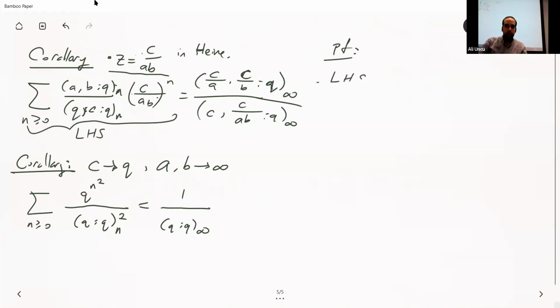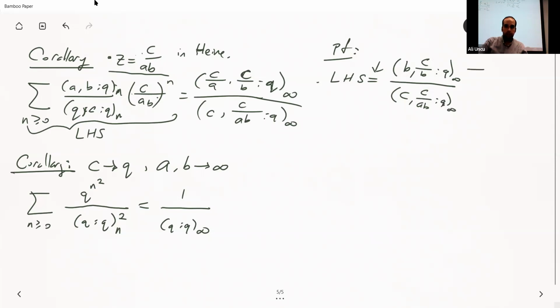And Heine's transformation says that the right-hand side would be, z is that, so we have a b, then an a times z, so a times z is c over b, infinity. I'm just using the Heine's transformation formula that is on the previous page. I'm just plugging in the things, so c, then we have a z, which is c over ab, is q sub infinity.